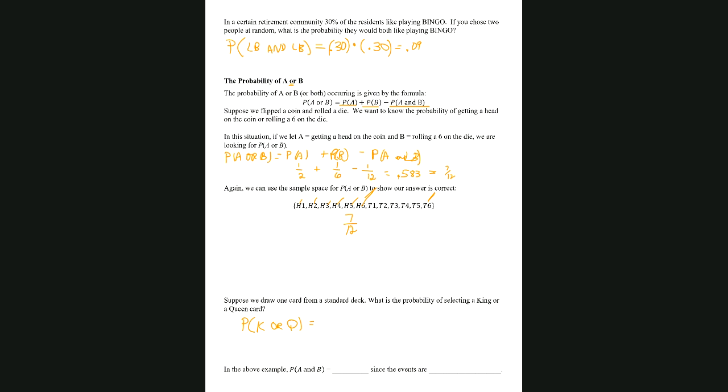I know that to use OR, I need to find the probability of selecting a king, add that to the probability of selecting a queen, and subtract from that the probability of selecting a king and a queen at the same time.